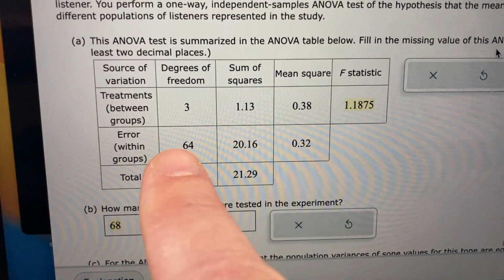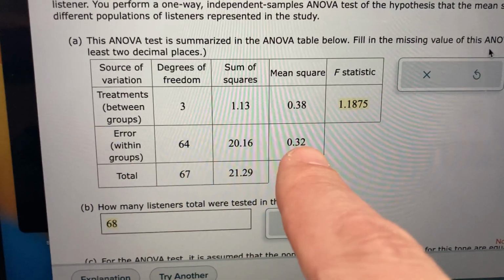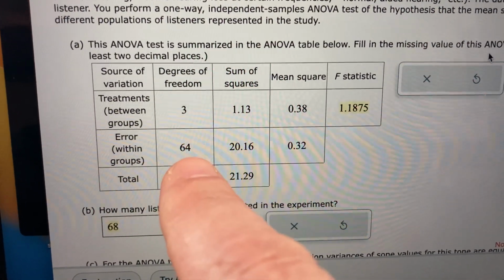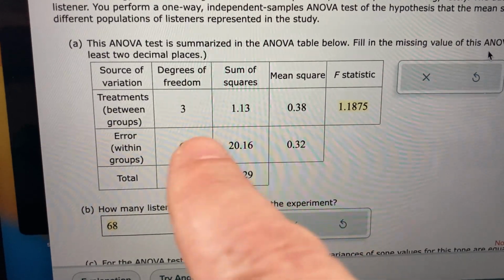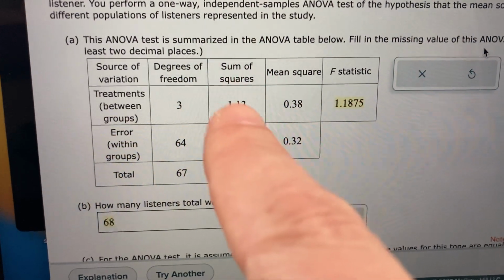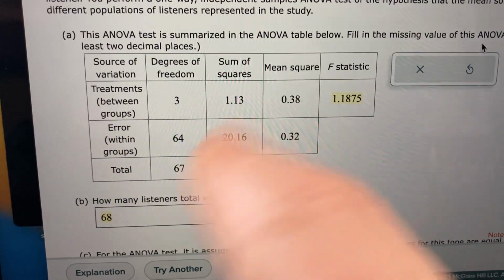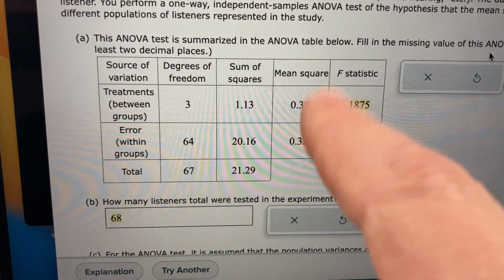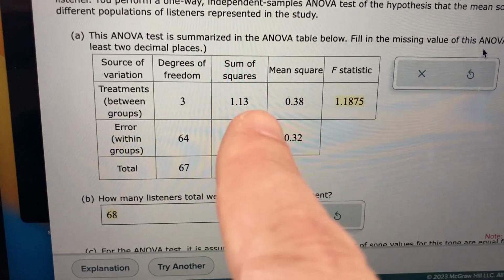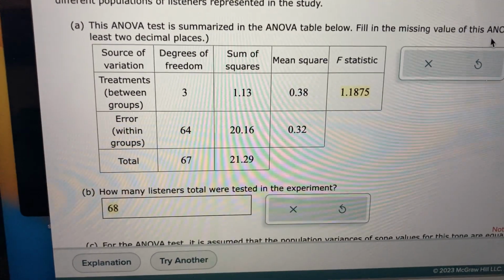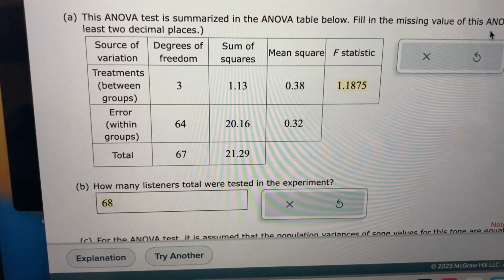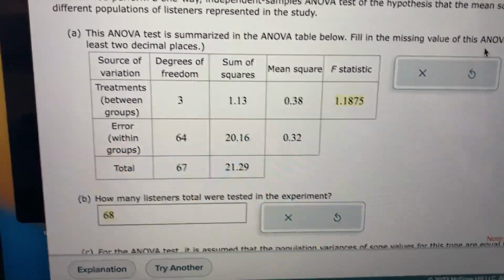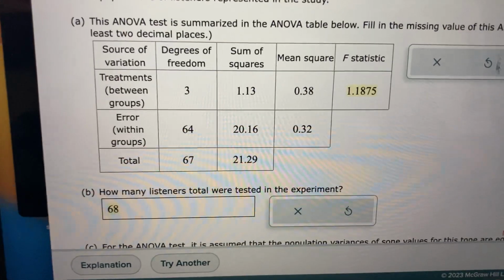So this number divided by this number gets you here, this number divided by this number gets you this. I said it reversed, so my apologies. And then you divide these two to get your F statistic. So 0.38 divided by 0.32, and you get your 1.1875.